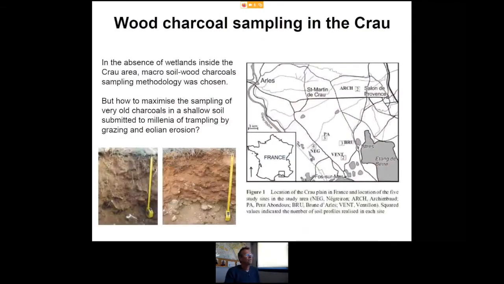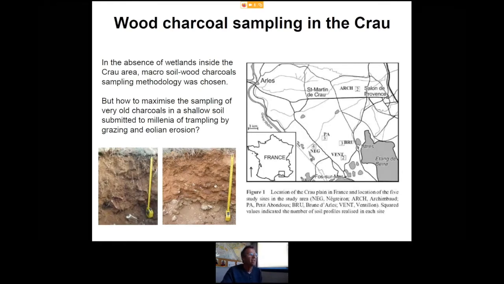So trying to answer this question, we did wood charcoal sampling and wood charcoal analysis, because it was not possible to sample pollen in wetlands. We've got no local wetlands in this area. And the exercise of collecting macro wood charcoal in a very shallow soil, which has been grazed and subjected to erosion for centuries, is quite difficult.